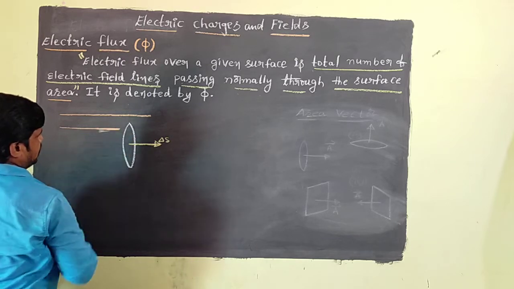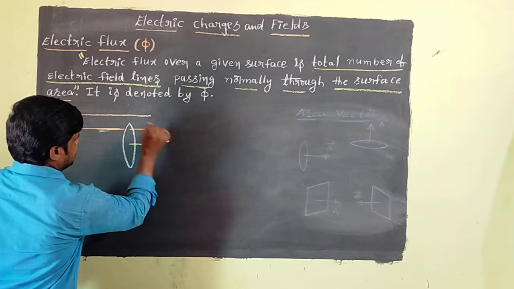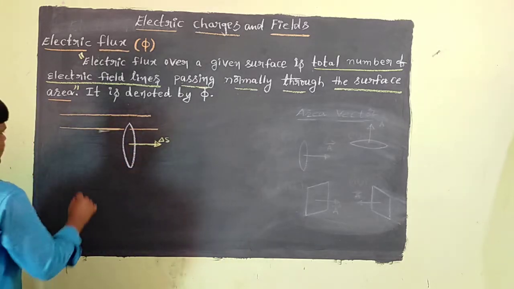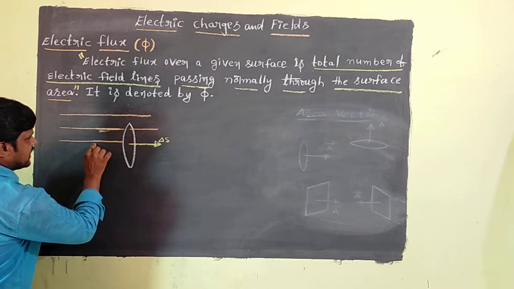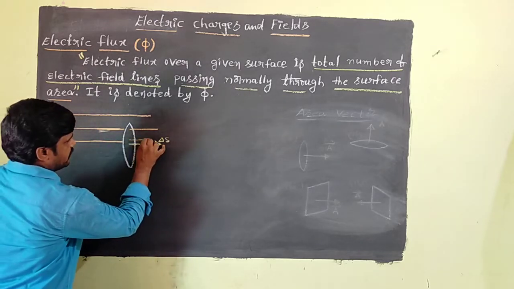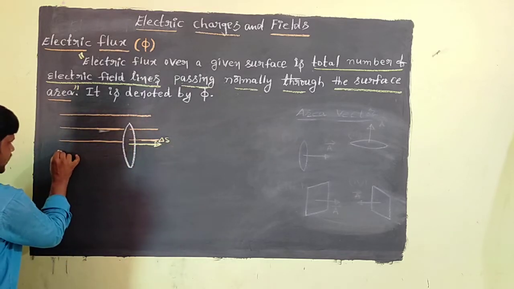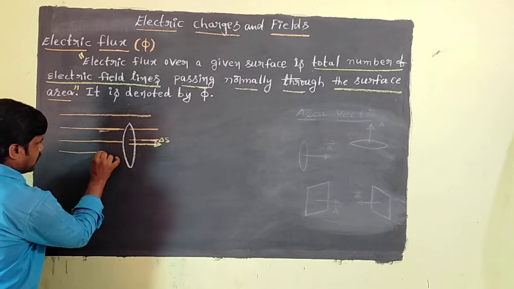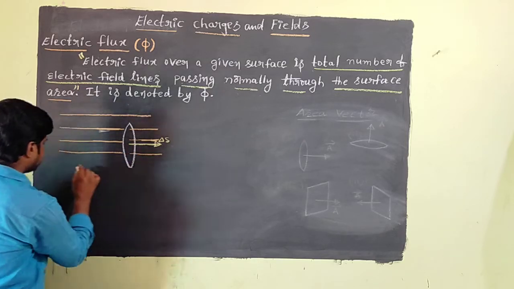I am taking another electric field line; it enters the surface and comes out from the surface. Here I am going to take one more electric field line, entering into this surface and coming out from this surface like this. Here I am going to take one more electric field line entering into this surface and coming out from this surface.